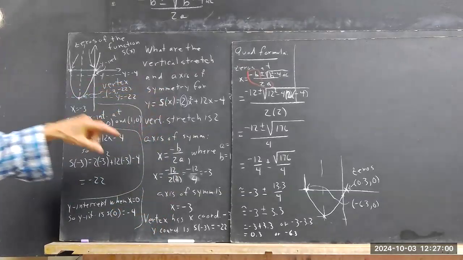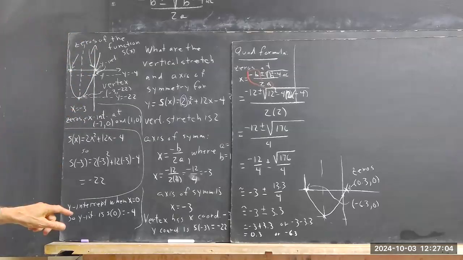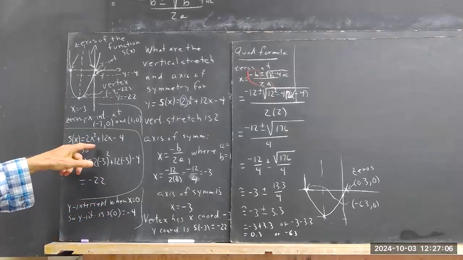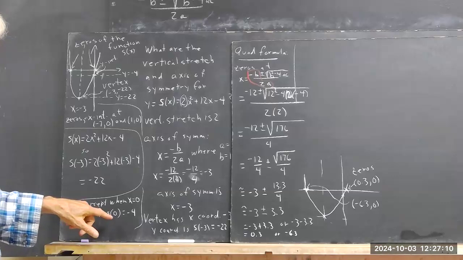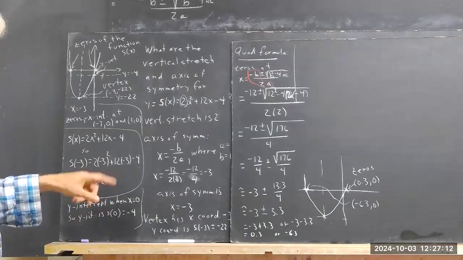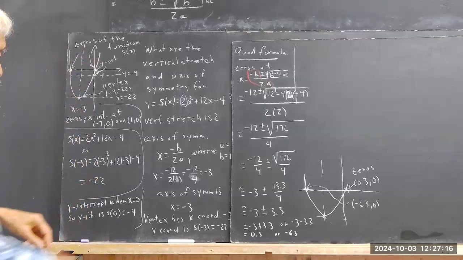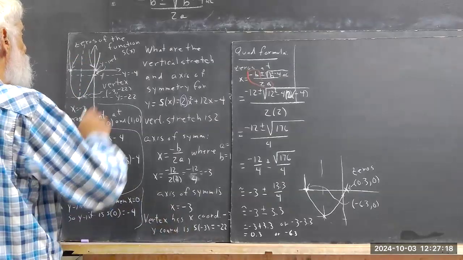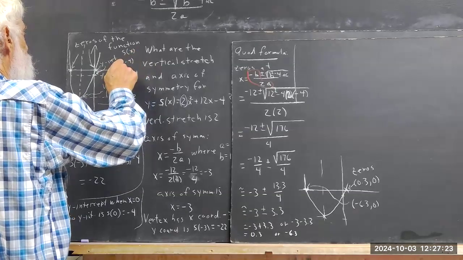So we do y equals -22, put the line there. And then we calculated the y-intercept. We just plug in 0 for x, because that's what happens when we go on the y-axis. s of 0 is -4, so the y-intercept was at (0, -4).